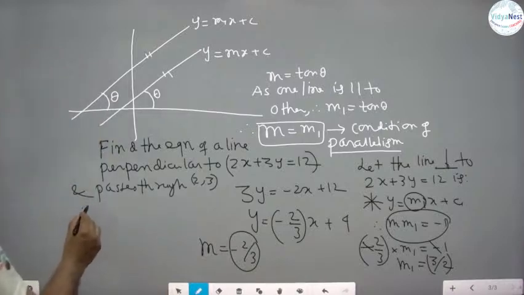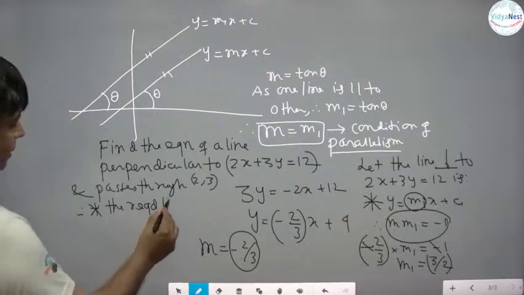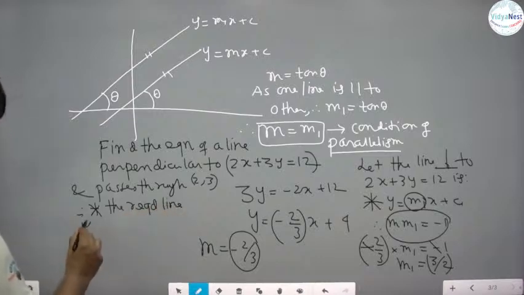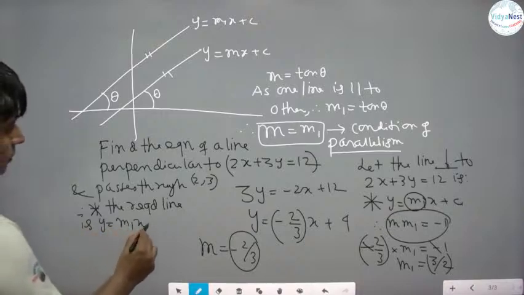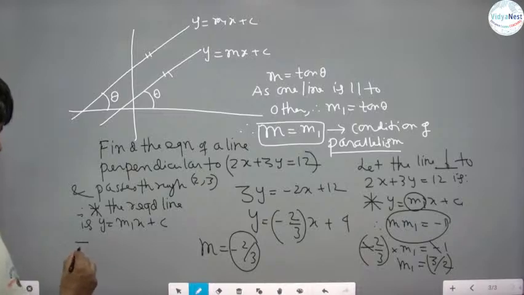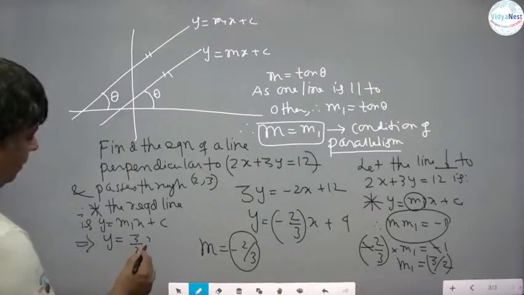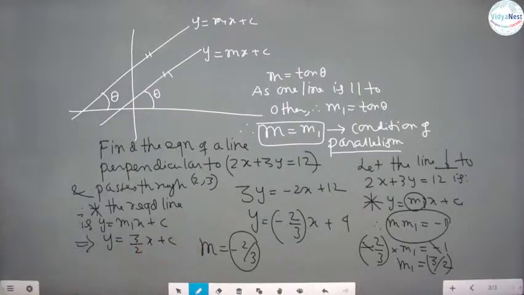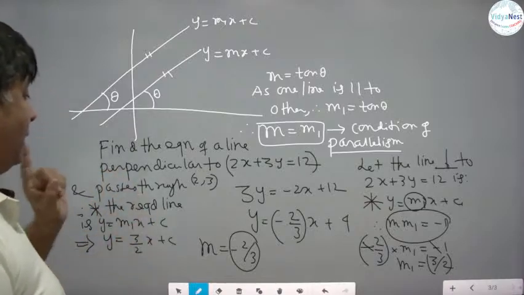Therefore, the required line is y = 3/2 x + c. Now here which term is unknown? c is unknown.